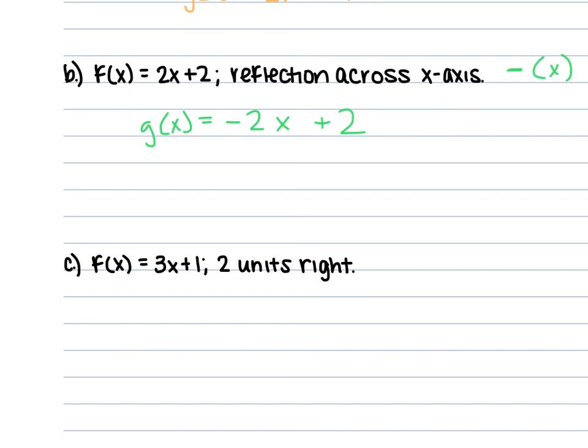For C, our f of x is equal to 3x plus 1, and we're going 2 units to the right. So 2 units to the right means that we're adding 2 inside our parentheses. So we're changing x to be x plus 2. So our g of x is going to be 3 times x plus 2 plus 1.